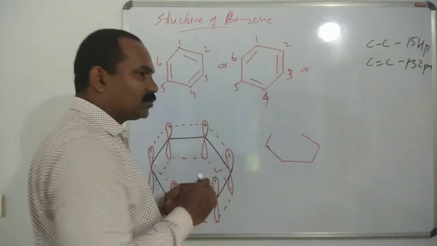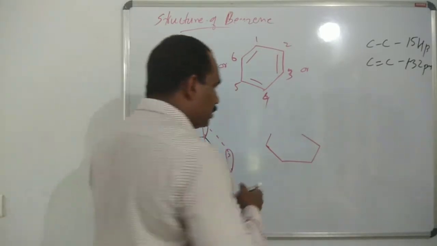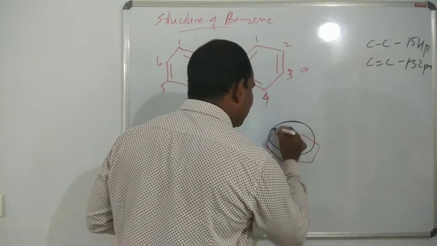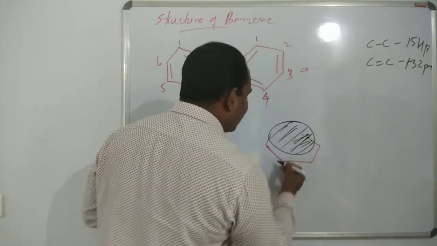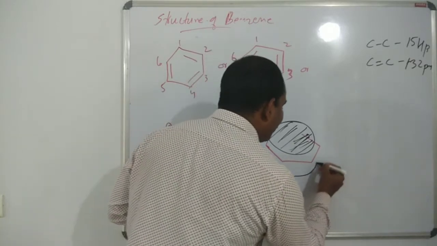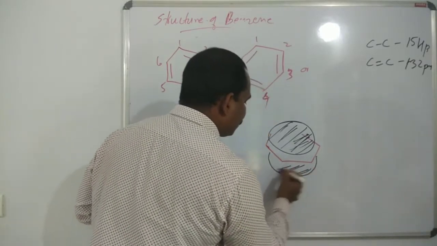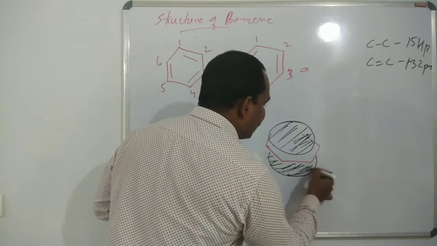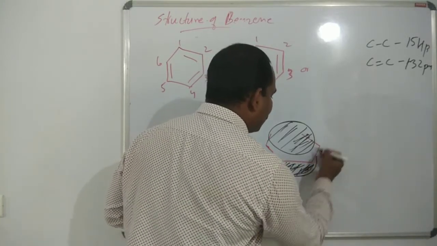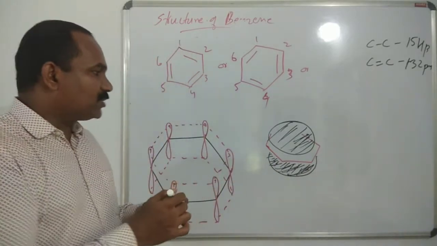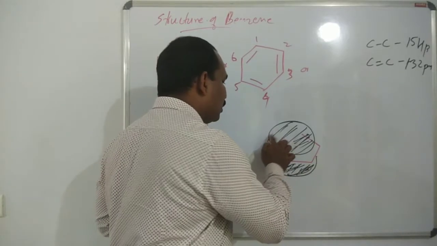One electron cloud above the plane, and similarly the other cloud below the plane, like a sandwich. There is a limitation, you can see this in the textbook.